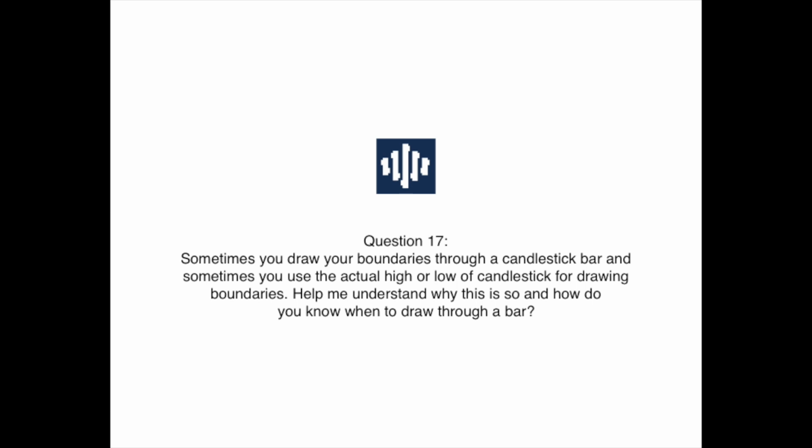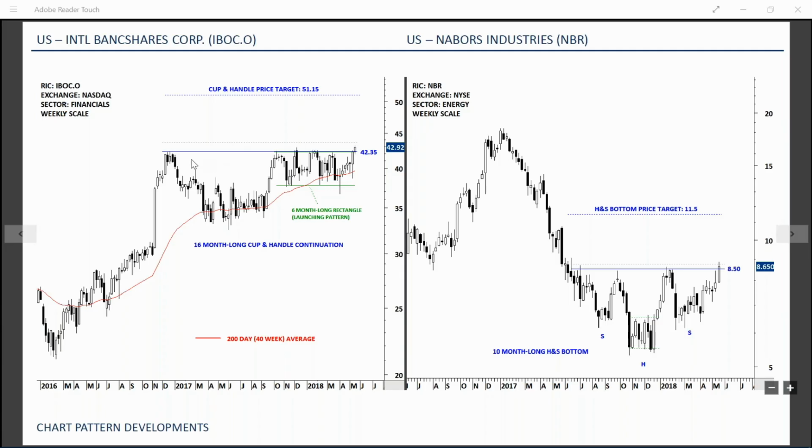Let's look again. This is one of the good examples, I think. US International Bank shares. So why didn't I take this high? This is not the best example, because it's a clear horizontal boundary. But for example, this lower boundary, why didn't I take this low? Or why didn't I draw it as a downward sloping line?